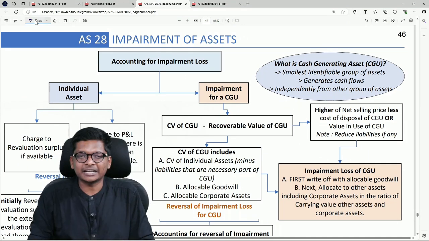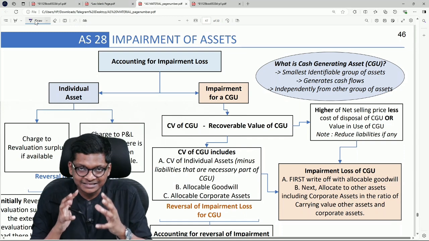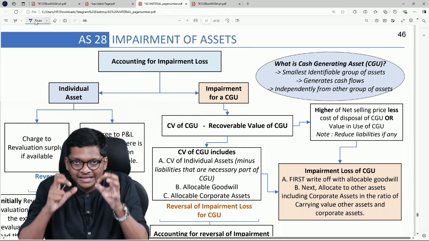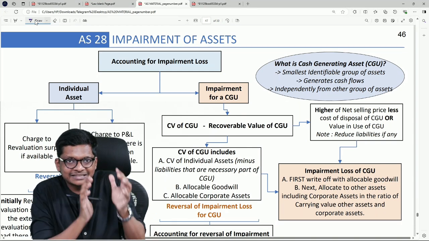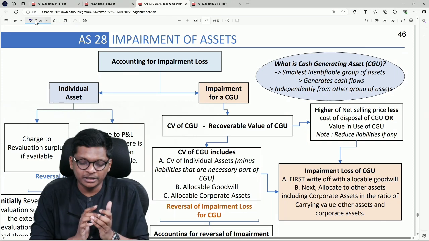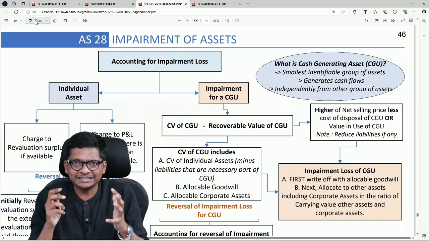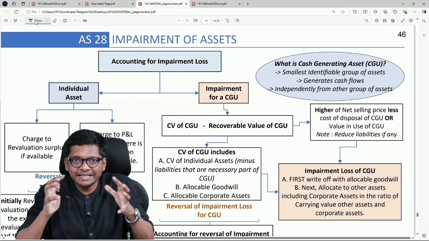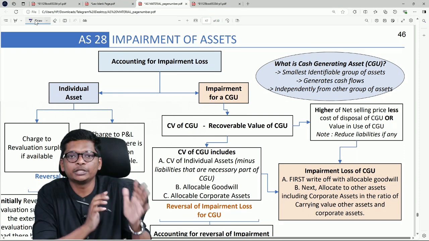What is cash generating unit or what is an asset? This standard says if an asset can stand alone by itself generate revenue, it is treated as a separate cash generating unit. For example, one Ola cab or one taxi by itself independently it can generate cash. It is a separate CGU.